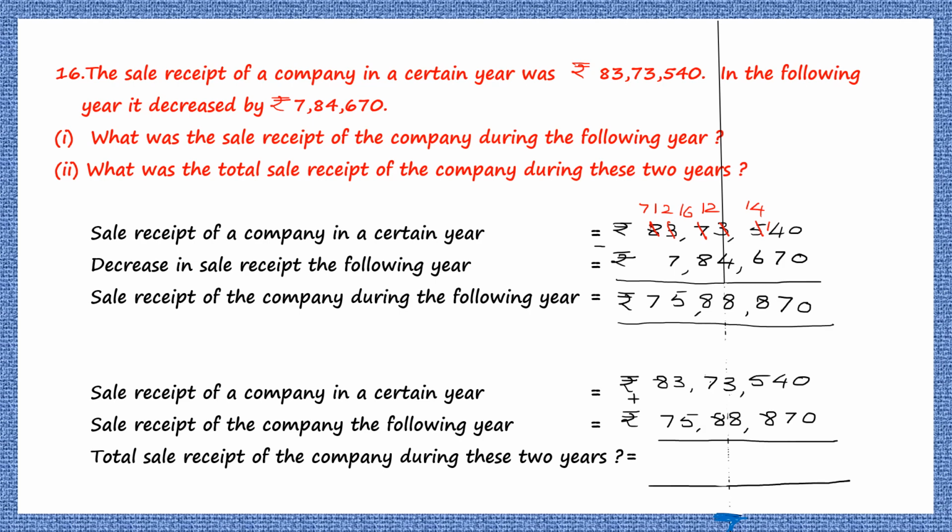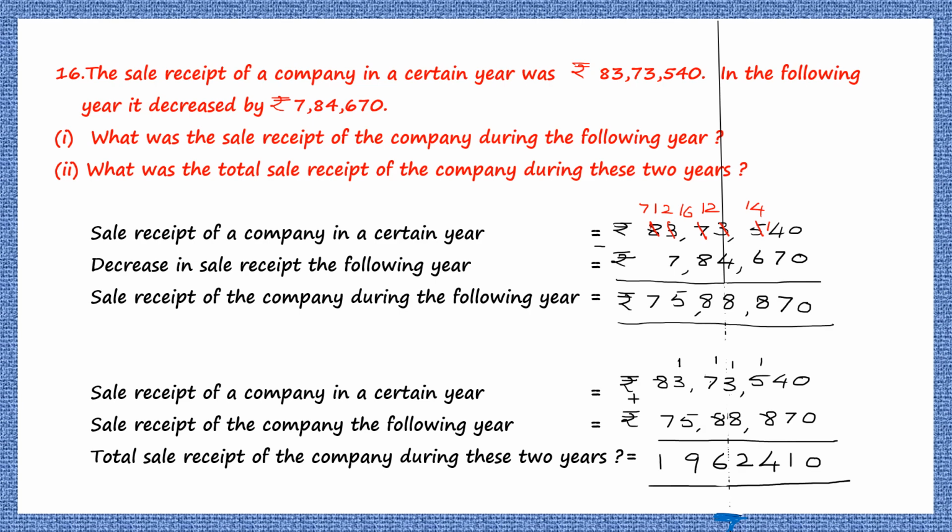So this is plus. So 0, 4 plus 7 is 11. Carry 1. 5 plus 1 is 6. 6 plus 8 is 14. Carry 1. 3 plus 1 is 4. 4 plus 8 is 12. Carry 1. 7 plus 1 is 8. 8 plus 8 is 16. Carry 1. 3 plus 1 is 4. 4 plus 5 is 9.